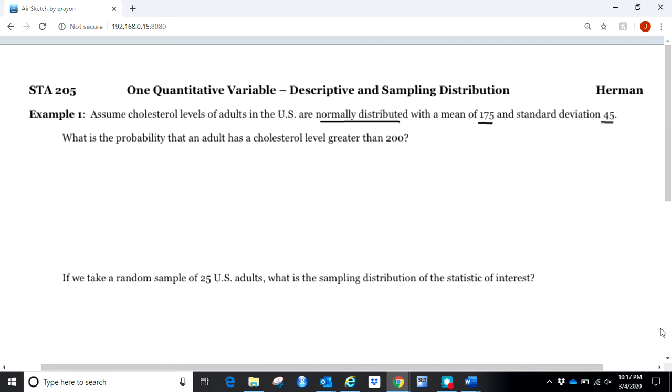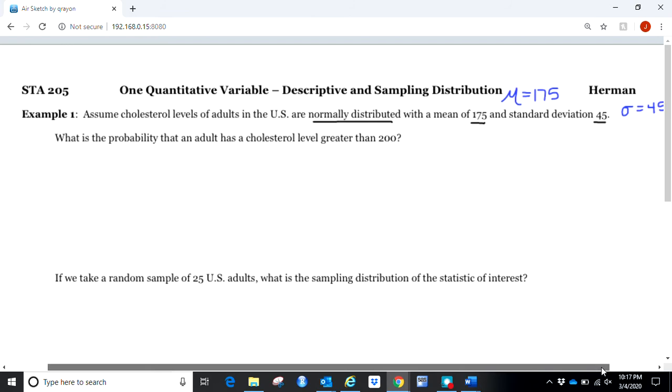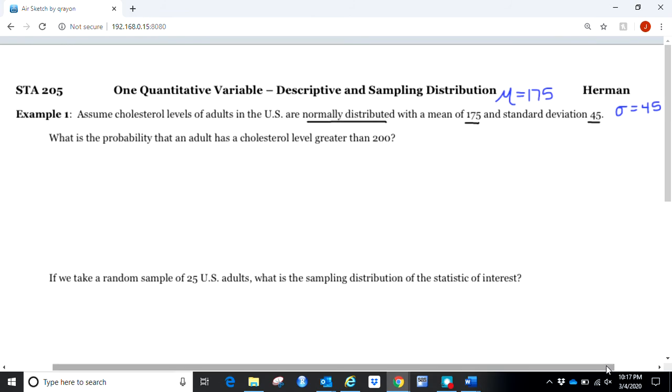So just by reading that, I know three important things. One, I know that the mean is 175 and that my standard deviation is 45. Now notice I use the population symbols of mu and sigma here because it hasn't said anything about taking a sample yet. So this is what we're assuming is true for all adults.